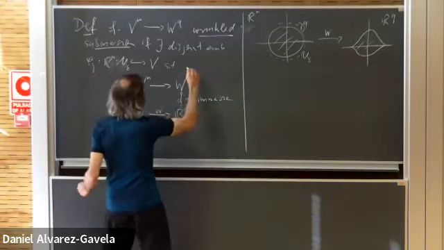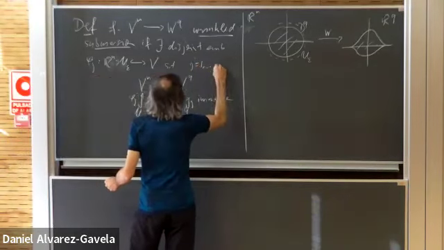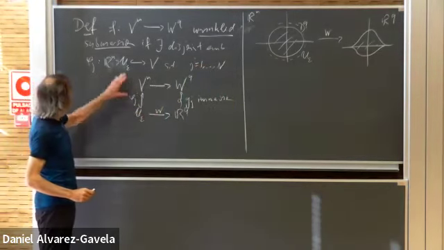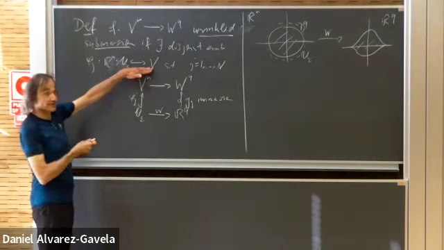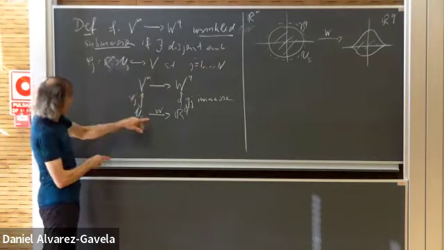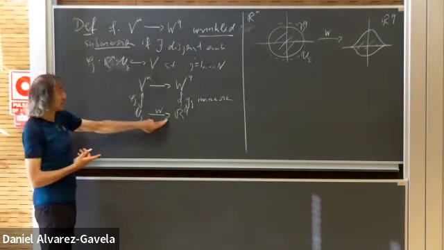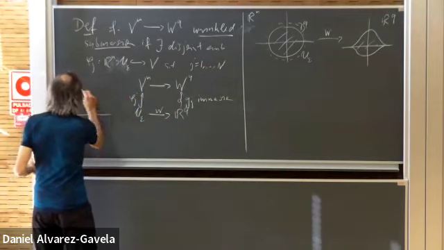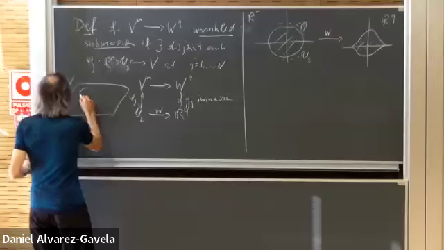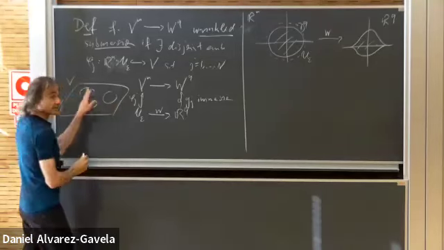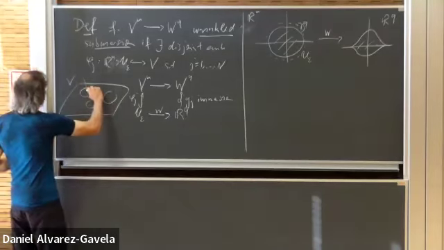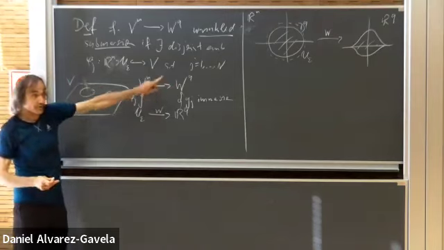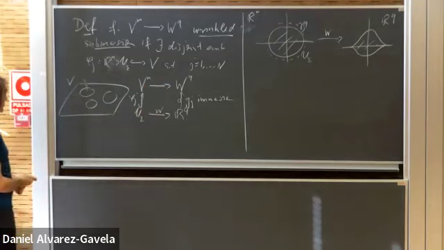So there are finitely many, say j from 1 through n, such that over the images of each of these embeddings, it looks like a standard wrinkle. You should think of V as having the images of these embeddings. Over those images, it looks like a standard wrinkle up to composition with some immersions or embeddings.